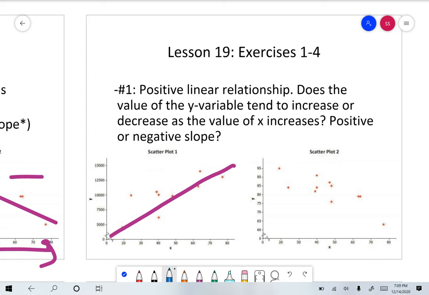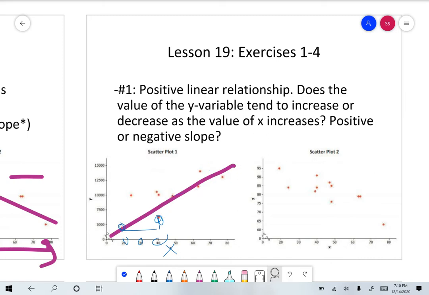As your x variable increases, going from 20 to 30 to 40, the y value also tends to increase. We're low here, getting higher on the x, and also getting higher on the y. Up here we're getting a little bit higher on the x and a lot higher on the y. It keeps going up and up and up. So we would call that a positive slope.